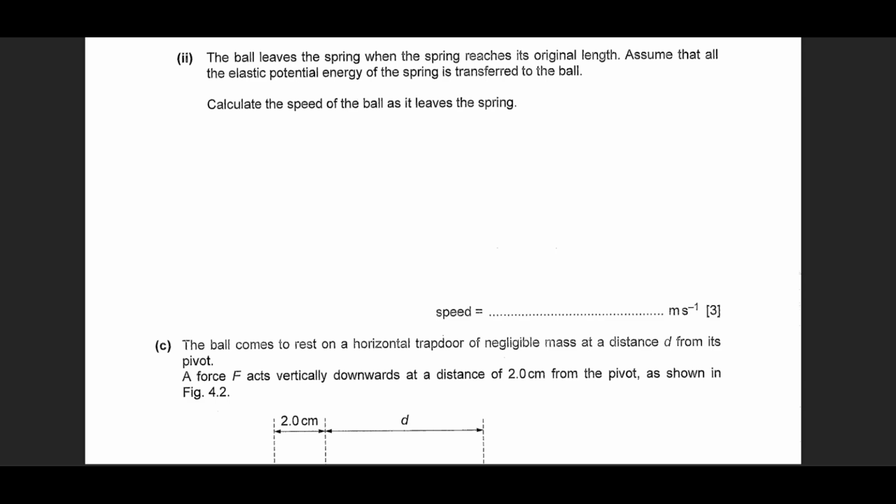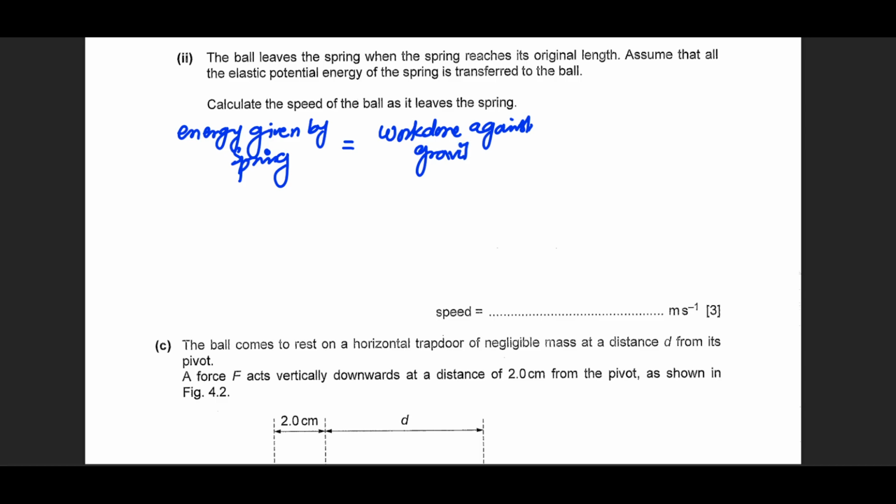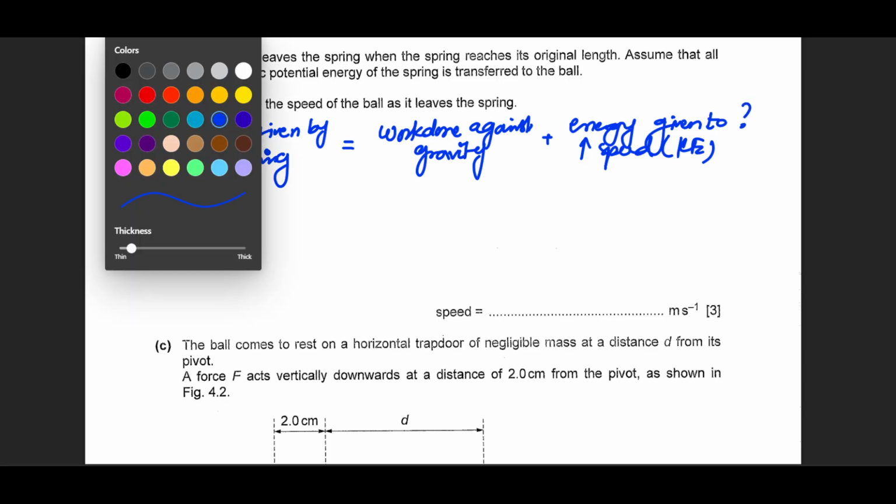So the energy given by the spring is equal to, or will be utilized by, work done against gravity to move the ball upwards, plus energy given to increase the speed, which is the kinetic energy of the ball, right? So we need to find this first. What is the energy left for the ball?